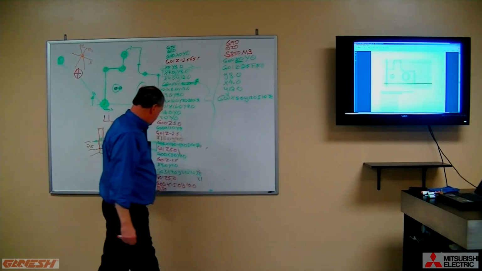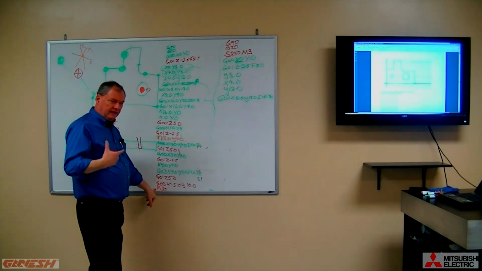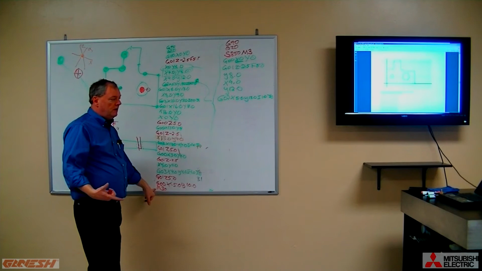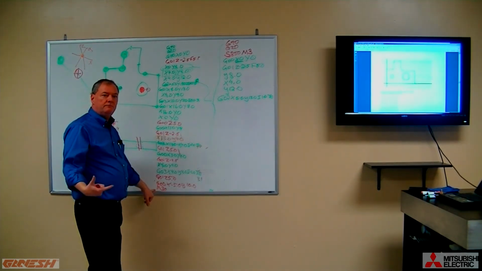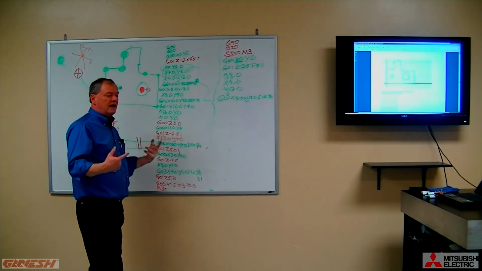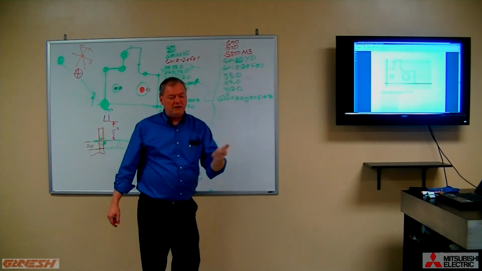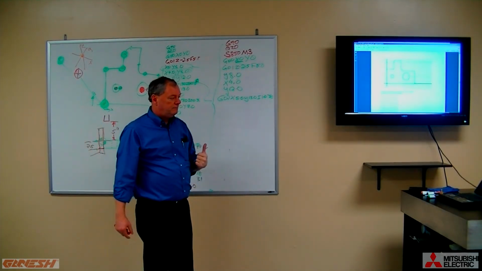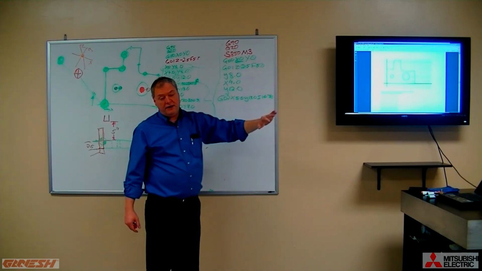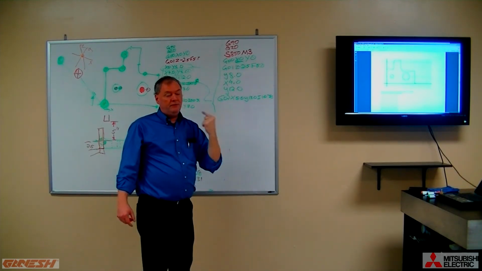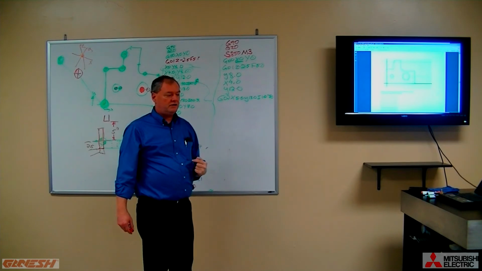So here's two new addresses, S and M. Well, we talked about the M30. Anything that begins with the letter M is called a miscellaneous function. It does various things on the machine. For example, an M3 says turn the spindle on in a clockwise direction. M4, on the other hand, says turn the spindle on in a counterclockwise direction.